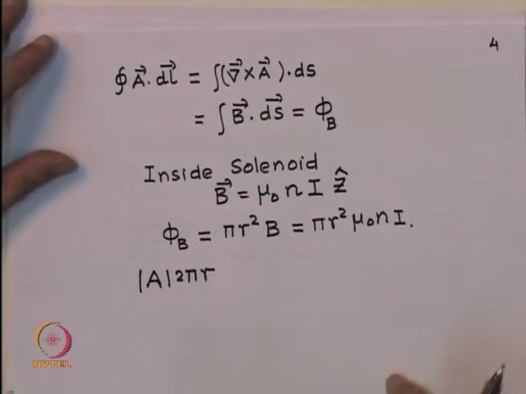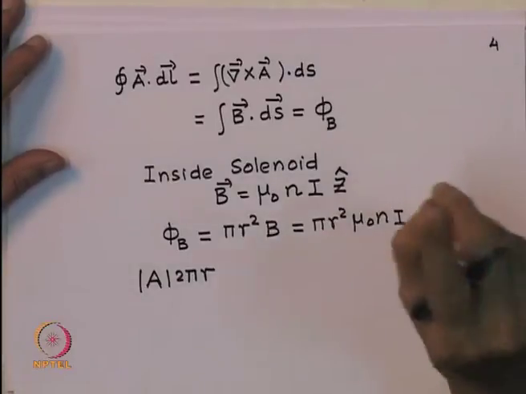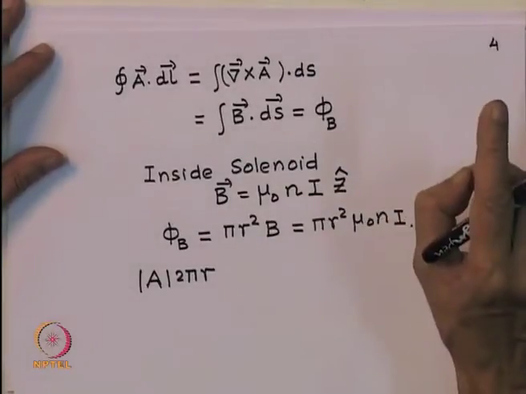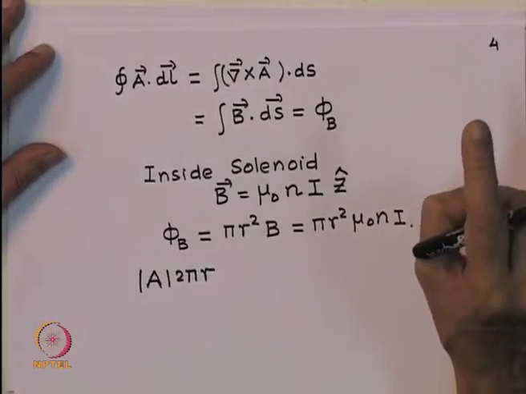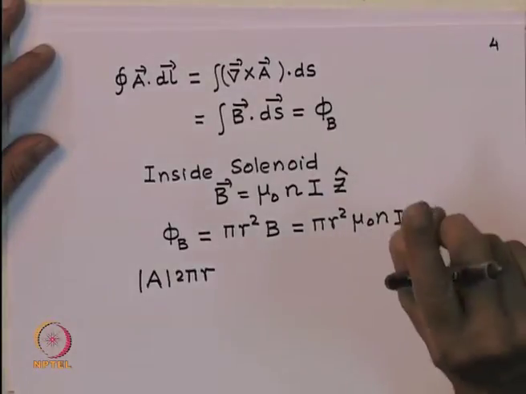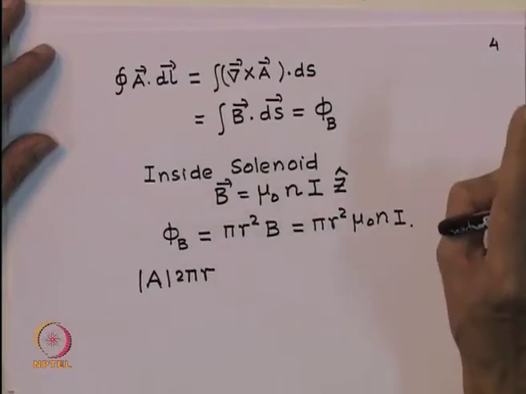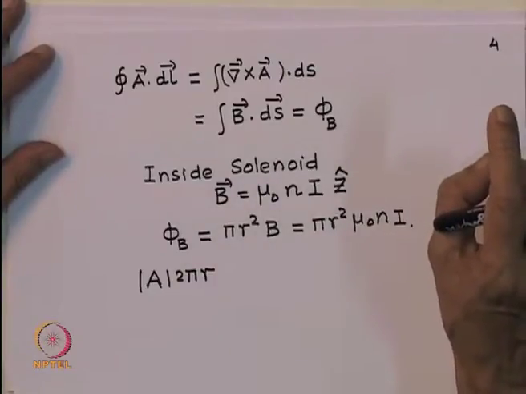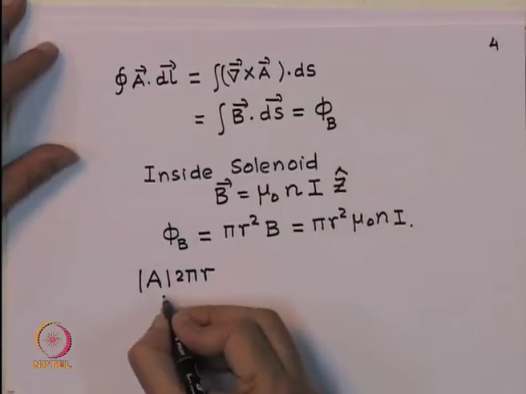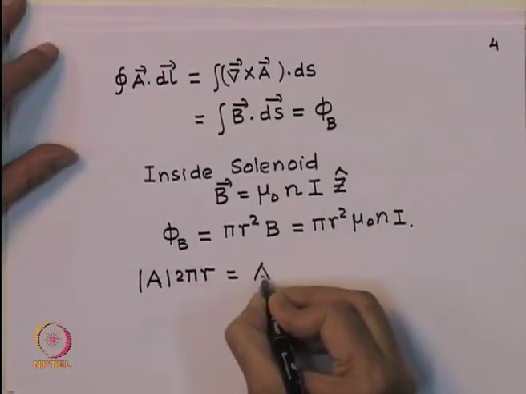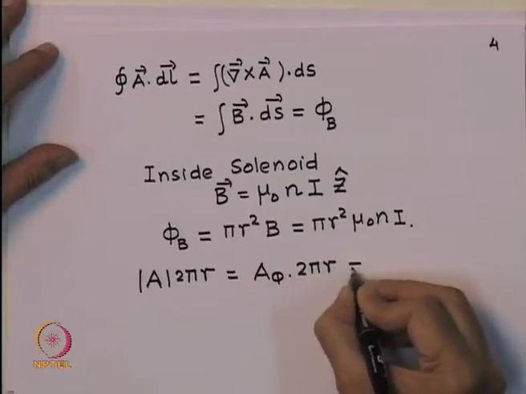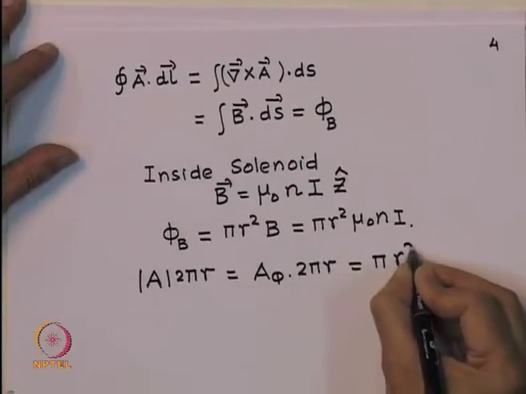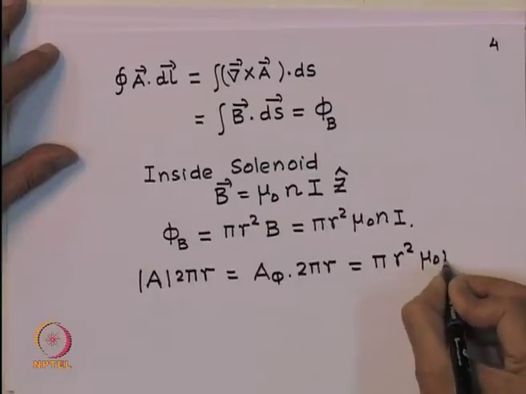Notice that I have not talked about the direction of the vector potential, because I have said that the direction of the vector potential will be along the direction of the current, and in this case the current is in azimuthal direction. So, therefore, this is actually A phi. And that is equal to pi r square times mu 0 n I.